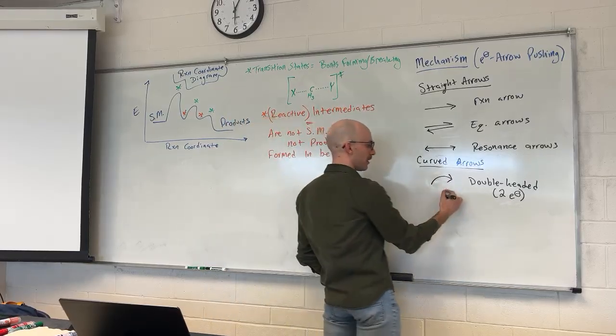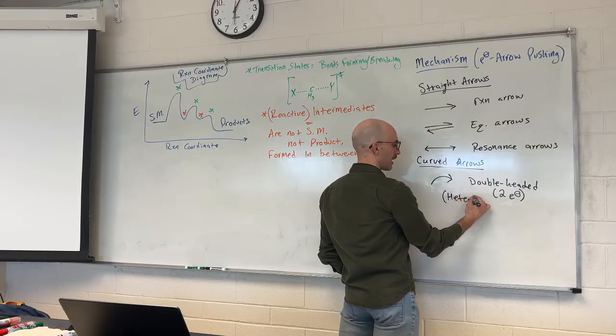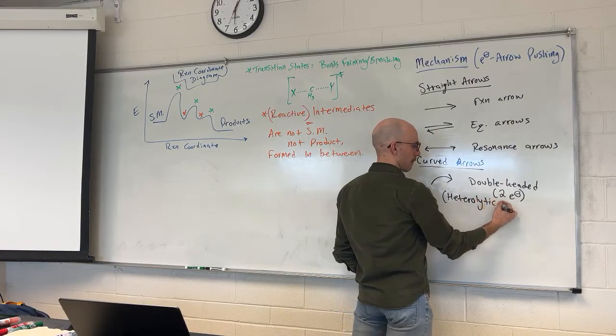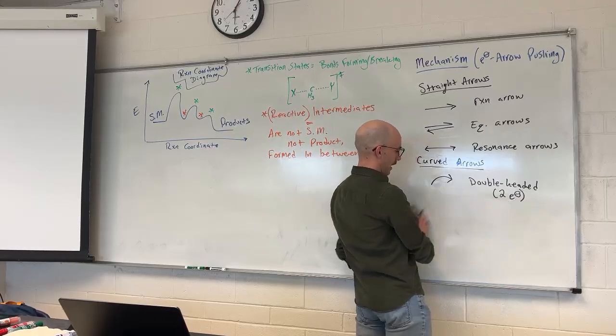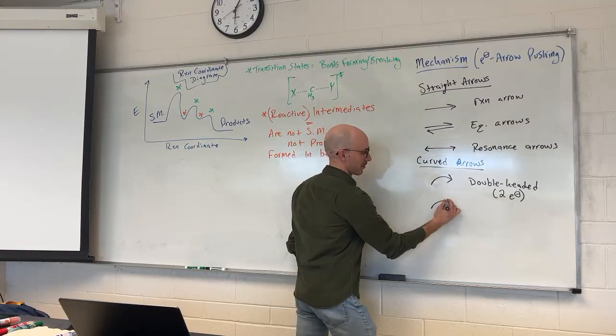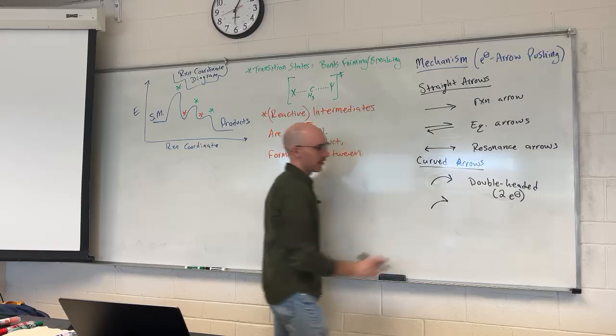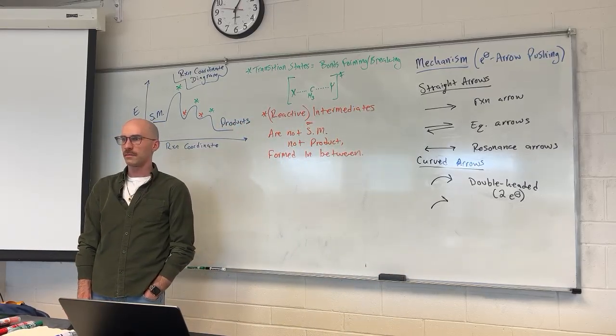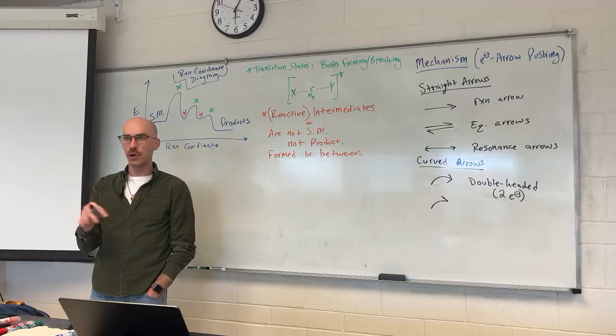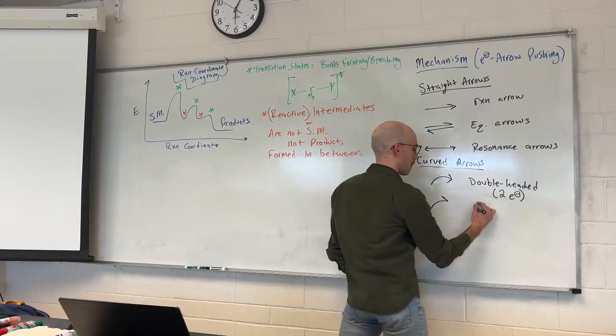Another word that we can give here is heterolytic. No, maybe that's not the right term. I think I'll come back to tell you when that term is better. The other type of arrow is a fish hook arrow. It does not have two hooks on the end.